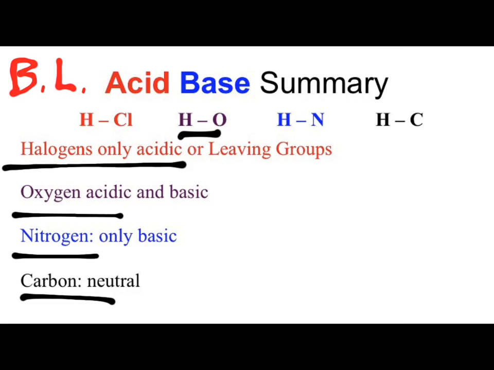In the case of carbon, they are so unreactive that they're neutral. They don't have the electrons to donate to act as a Bronsted base, and they don't have the electronegativity to steal electrons away from hydrogen, so they can't act as an acid. If you remember that general trend, your halogens start on the right-hand side of the periodic table.